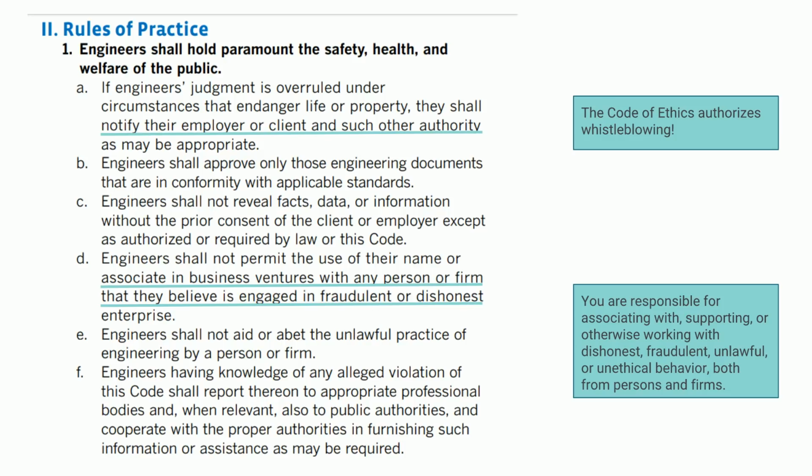So again, this is a recurring theme in the Code of Ethics, that engineers have an obligation not just to do the right thing in the abstract, not just for the safety, health, and welfare of the public, but also for the reputation of engineering in general, and to make sure that engineering is an honorable profession.